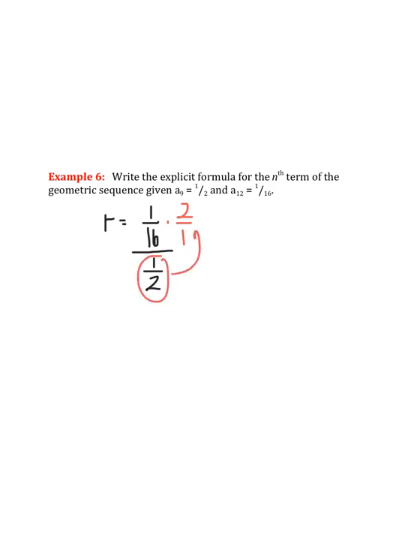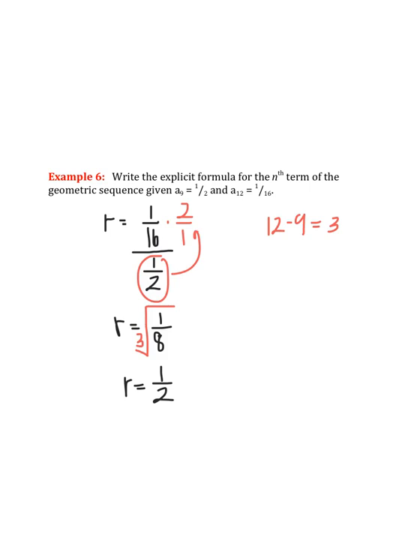So my ratio here is going to be 1/8. And then from 12 to 9, I'm going 3 spaces, so I'm going to take the third root. My ratio is going to be 1/2.